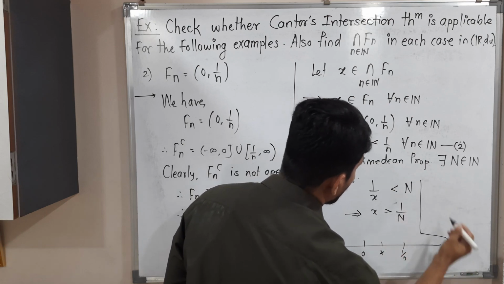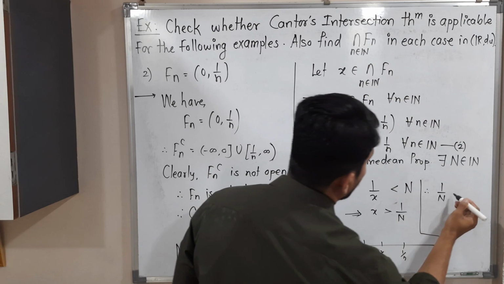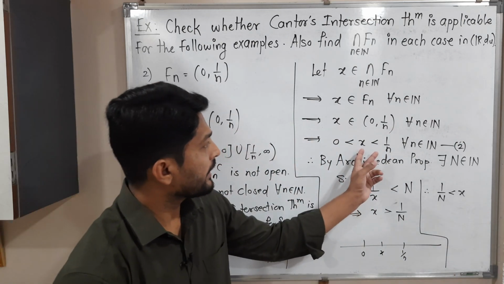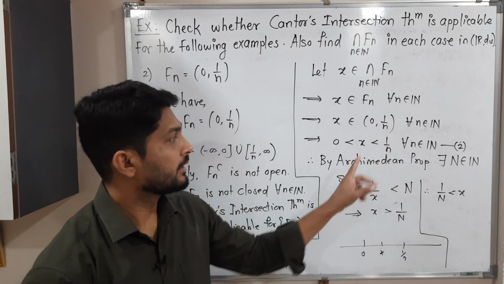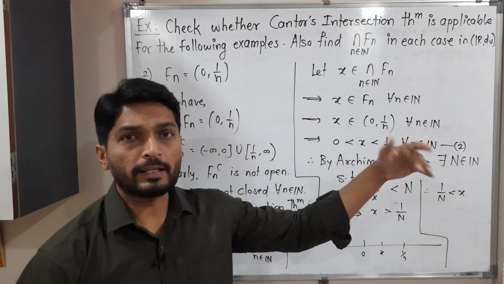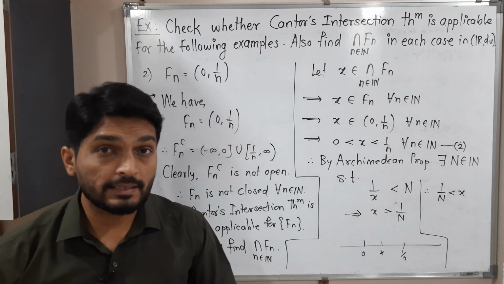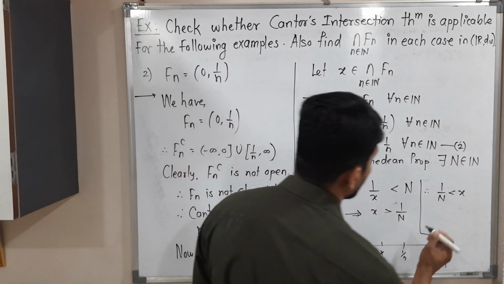Let me write properly: 1/n < x. Here we are saying that x is always less than 1/n, which is true for all natural numbers, but here we are getting a natural number such that 1/n is less than x. So we get a contradiction to statement 2.